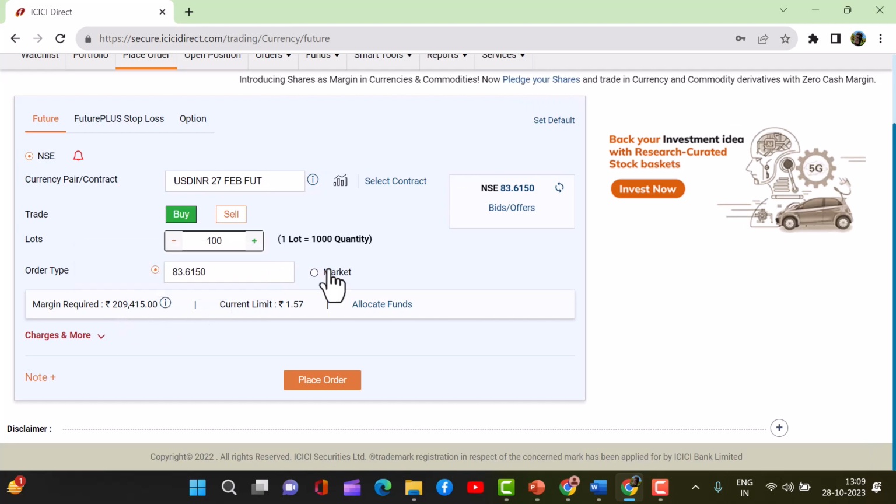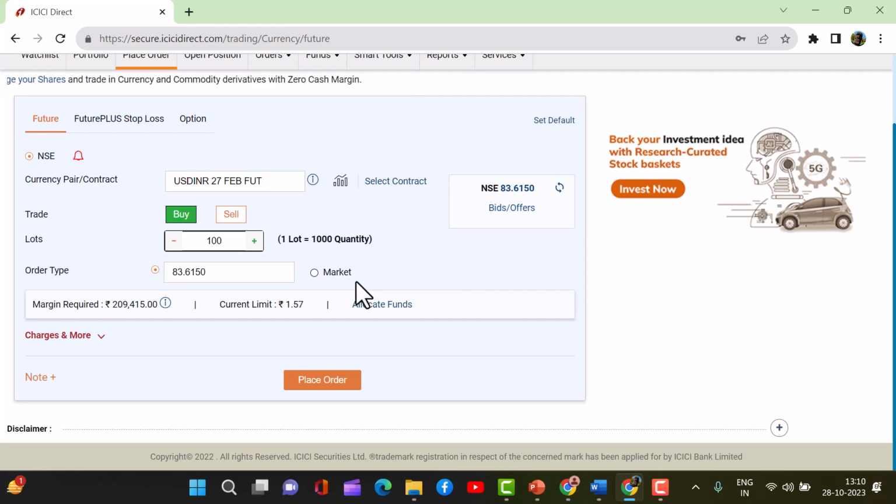Then I have two options. Just remember here. One is this, where the rate is automatically coming, which is the last traded price, 83.610, or the market. I can enter anything. If I enter 83.6150, then my trade will happen only at 83.6150.